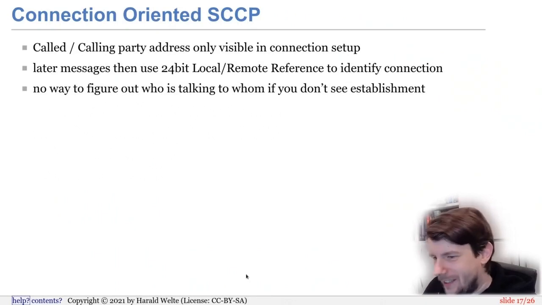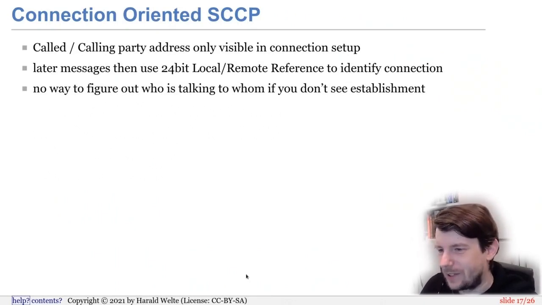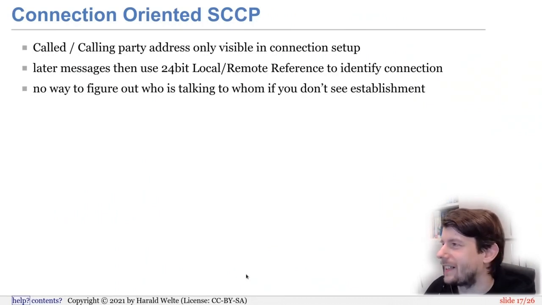Now, one additional oddity in SCCP is if you look at connection-oriented SCCP, unlike IP networks, the calling party address is only visible in the connection setup. So think of something like TCP, where you only see the port numbers in the SYN packets, in the SYN-SYNACK setup handshake, and then later on there is some other number that is dynamically allocated that is used to identify the source and destination.